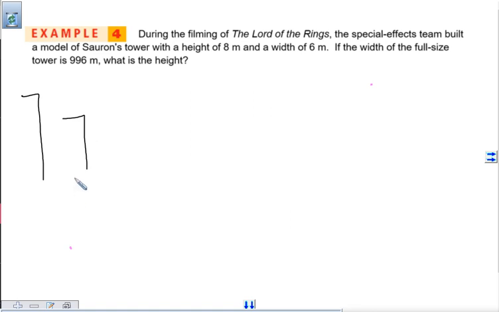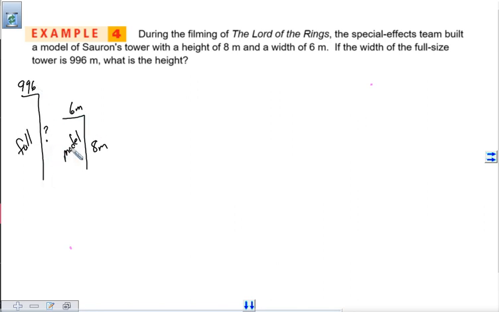We've got towers, and our model is 8 meters tall and 6 meters wide. Our full-size tower is 996 meters wide, and we're looking for the height.